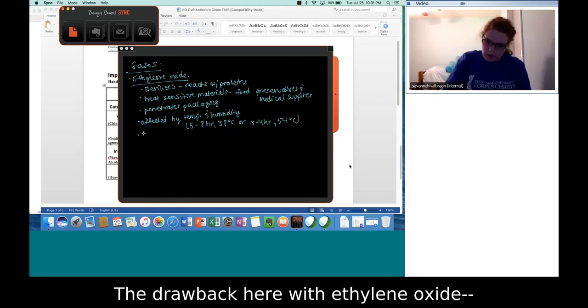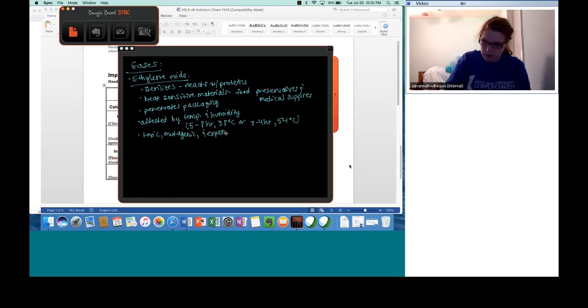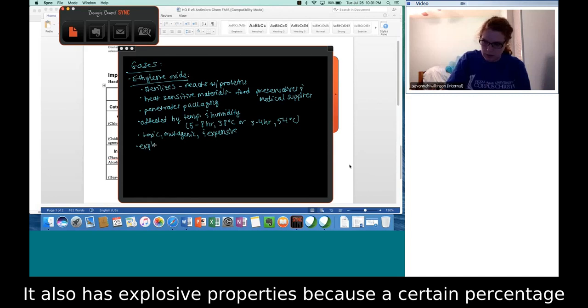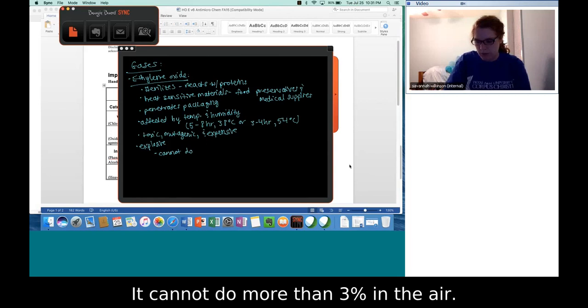Now the drawback with ethylene oxide is that it is toxic, mutagenic, and expensive. It also has explosive properties, so it cannot exceed 3% in the air.